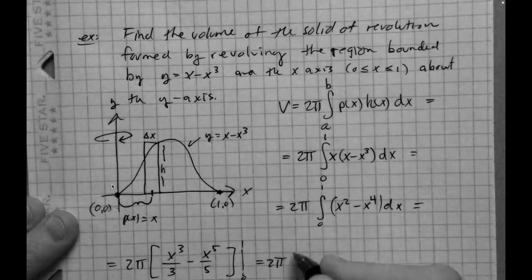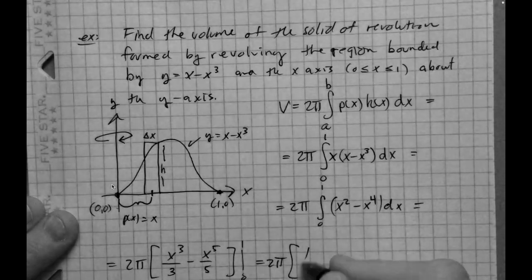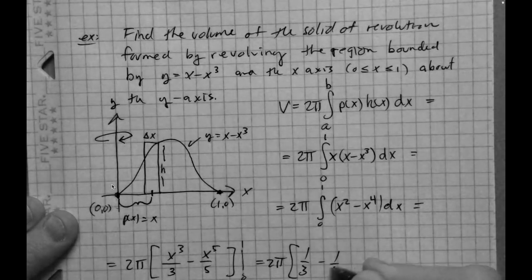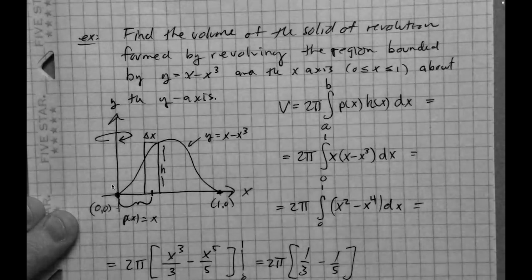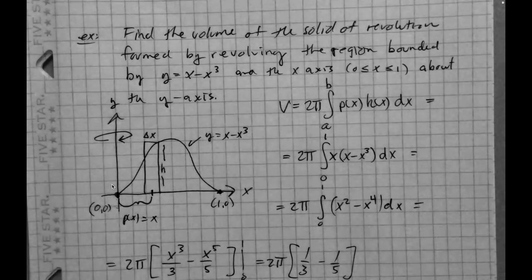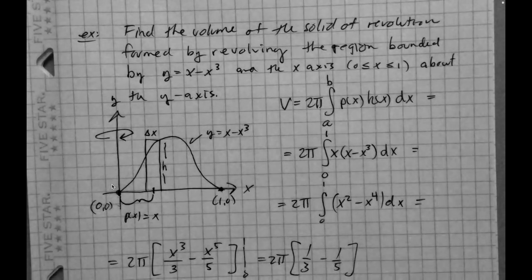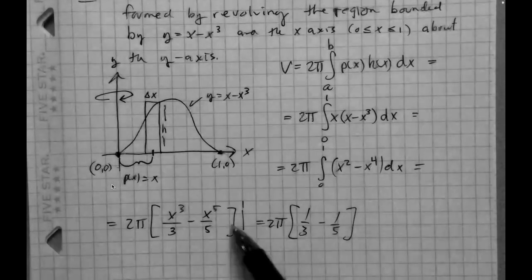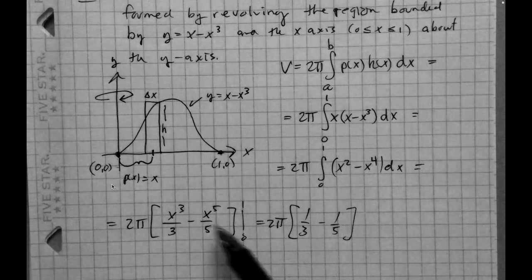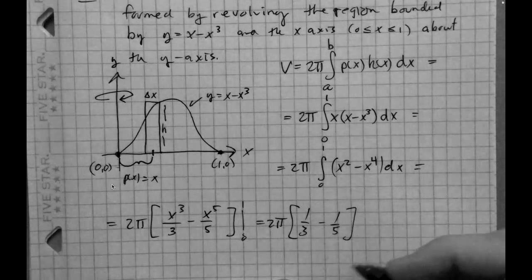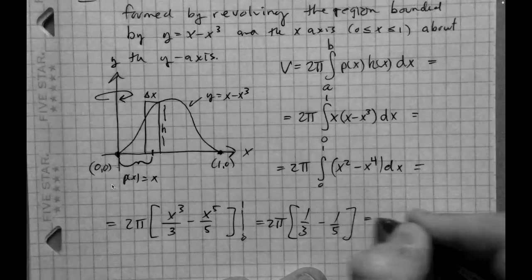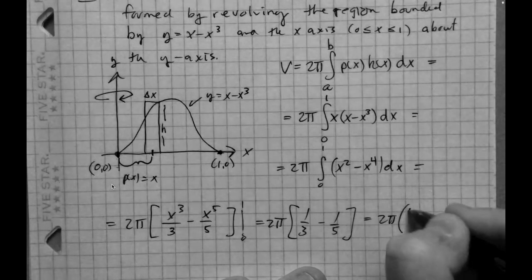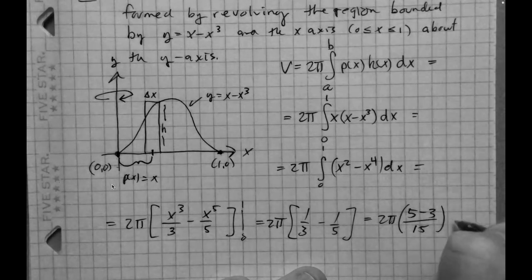So what do we get? We get 2 pi times a third minus a fifth. And of course, that's also minus the lower bound too. Let's not forget that. So it'd be minus 0, minus 0. Altogether here we get 2 pi, and then it's 5 minus 3 over 15.